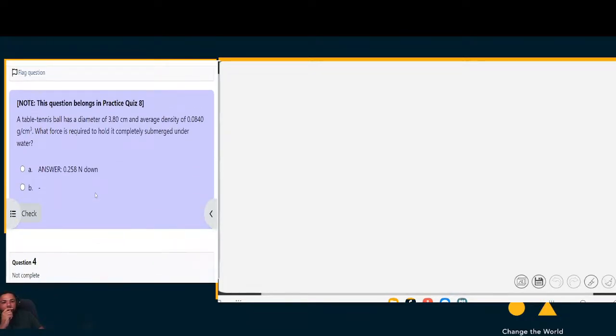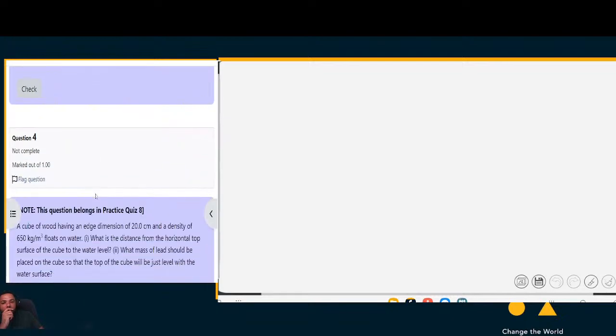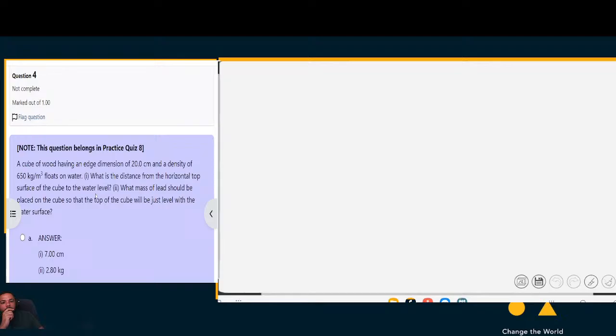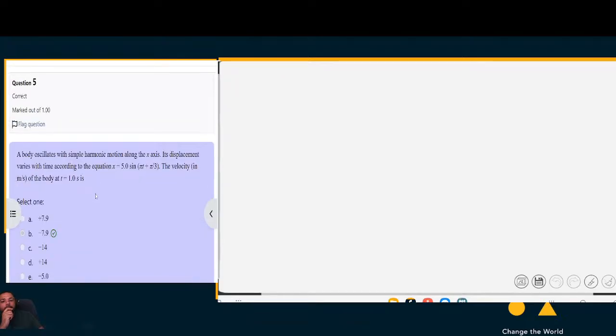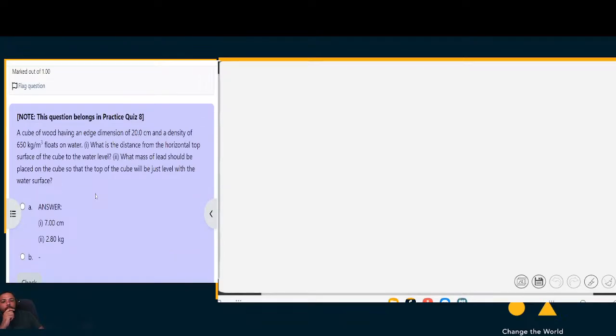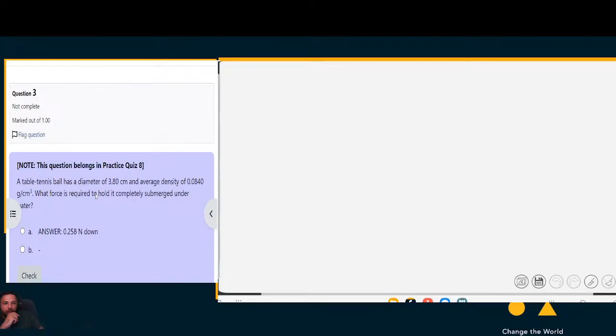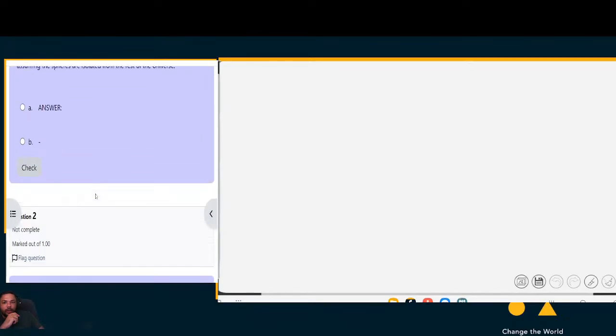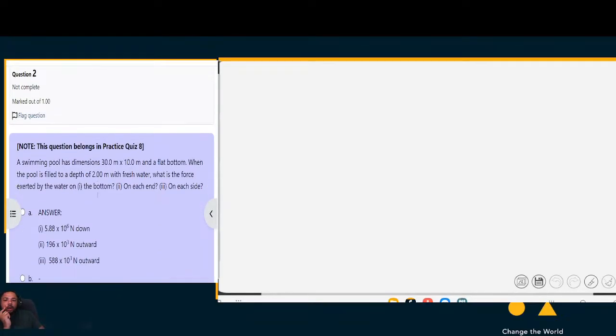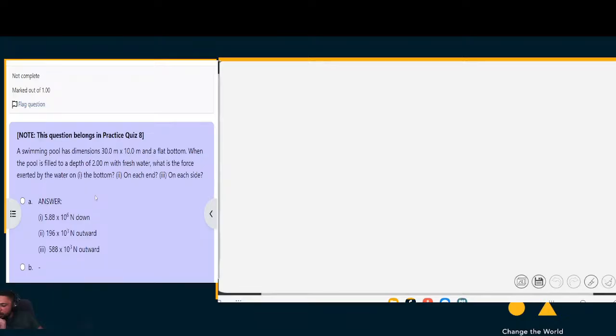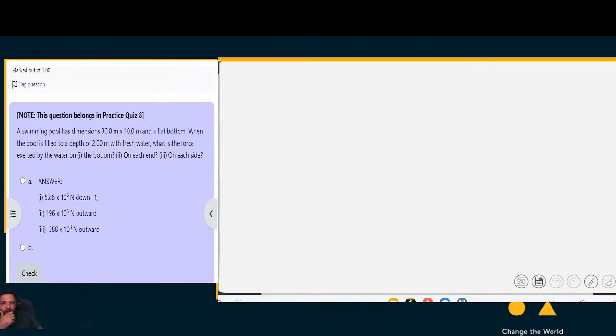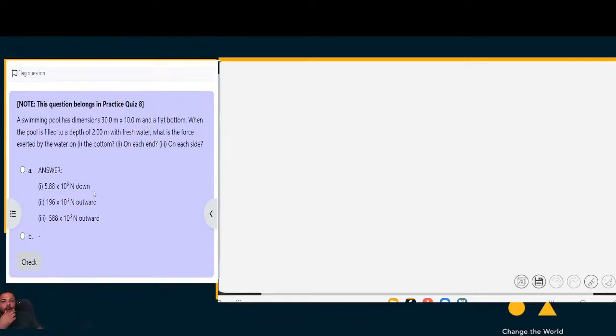This is a fluid mechanics question. I assume you're all busy with fluid mechanics, so I'm going to do this fluid mechanics problem. It has to do with buoyant force and so on.